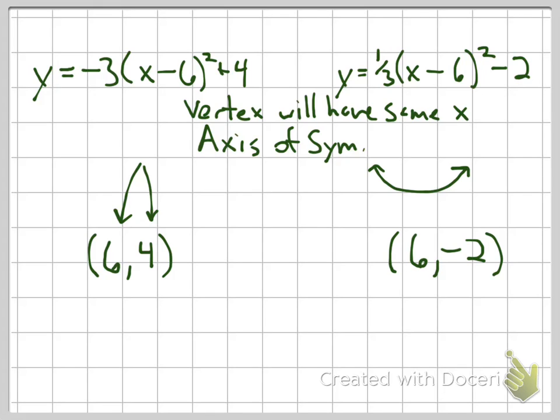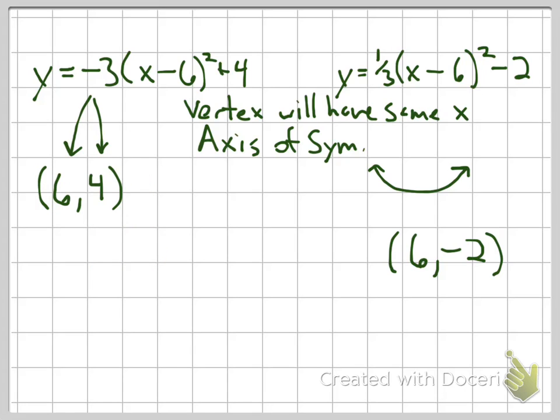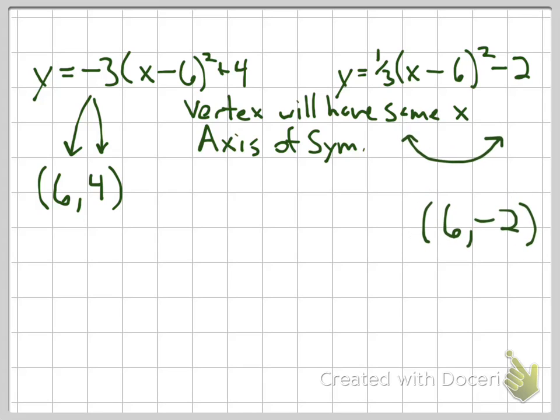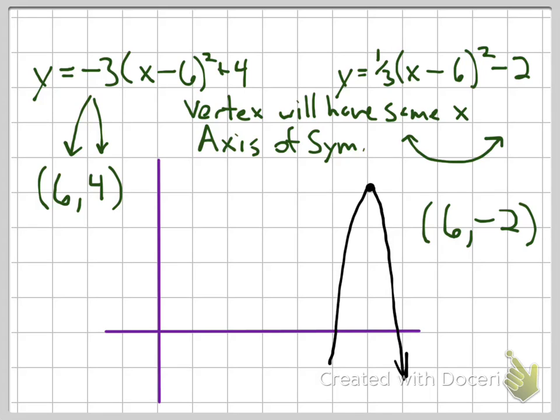So if we draw and compare these two, we go 6 over, 4 up to get to our one on the left, and that's opening down. And then for the one on the right, we go 6 over 2 down, and that's opening up.